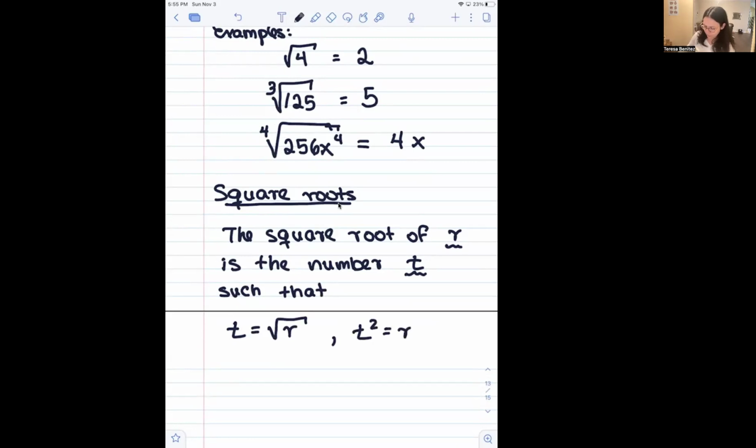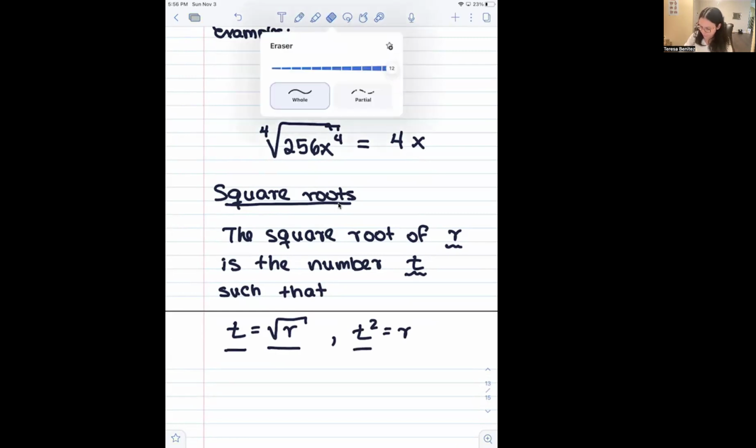So the square root of r is the number t, such that here we're used to this notation, square root of r is equal to t, or if I square both sides, I get t squared equal to r, okay?